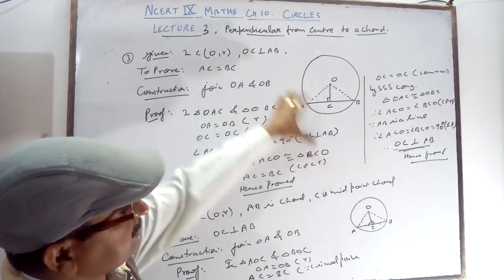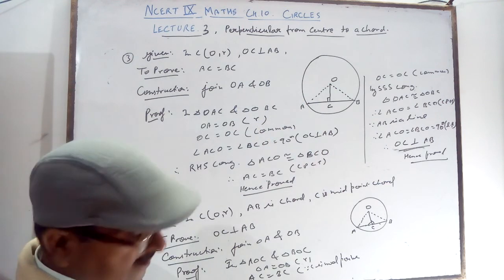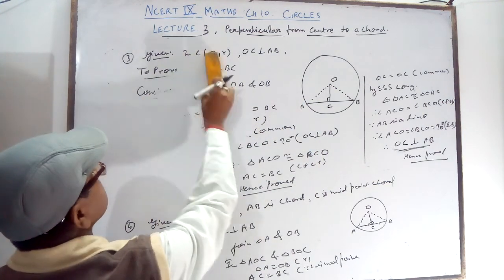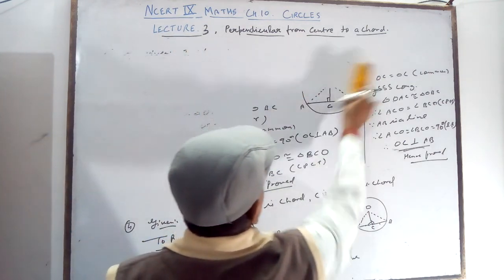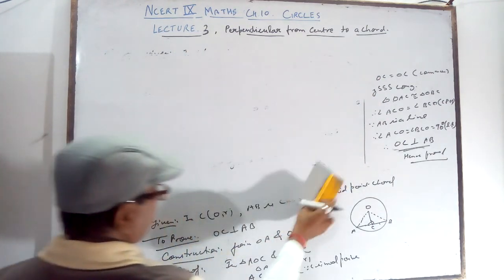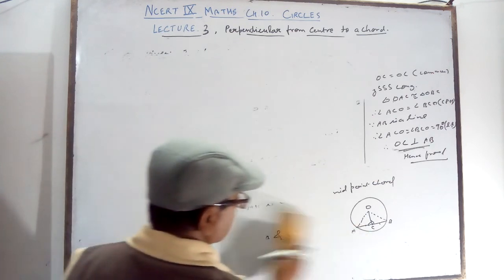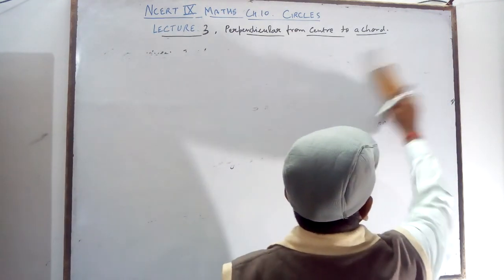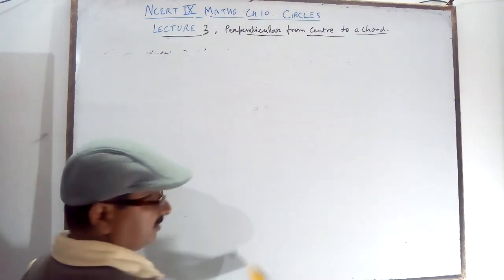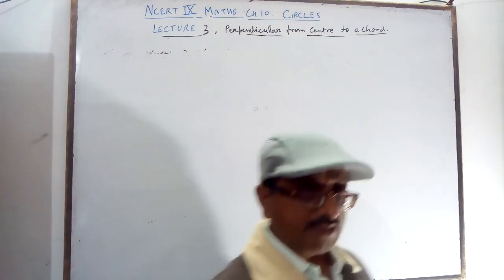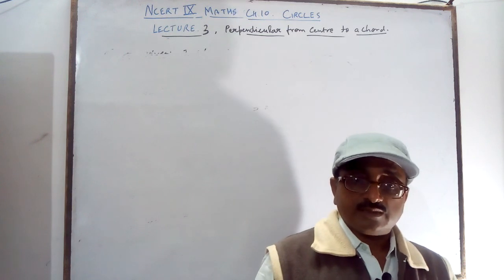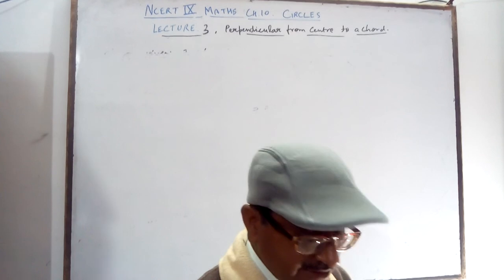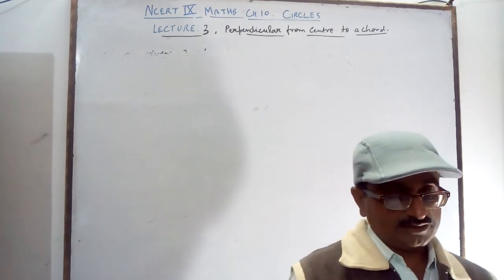By combining these two, what result are you getting? The perpendicular bisector of any chord always passes through the center, that you write down. It is a very common question, a common result you get from these two.